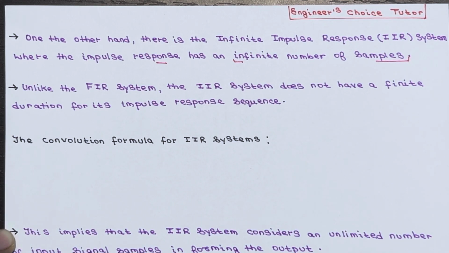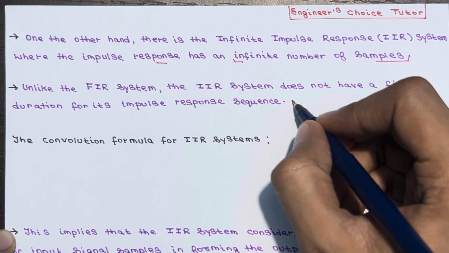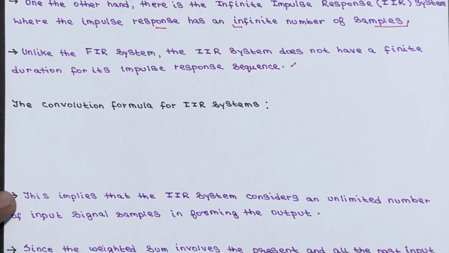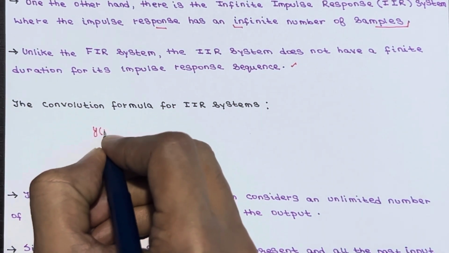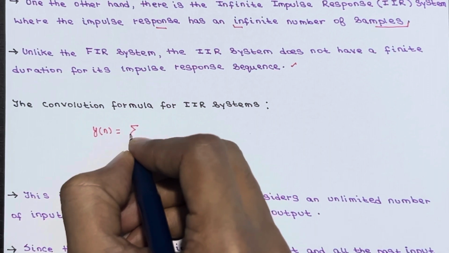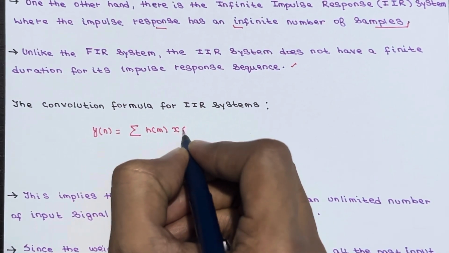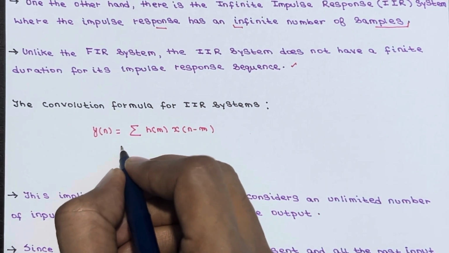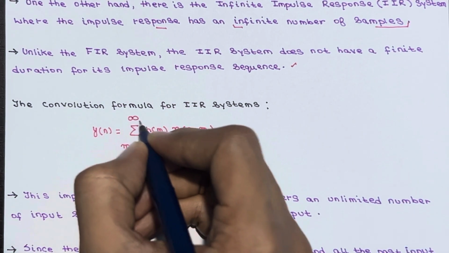Clear? Unlike the FIR system, the IIR system does not have a finite duration for its impulse response sequence. The convolution formula for an IIR system is y of n equal to the summation of h of m into x of n minus m, over the limit m ranges from 0 to infinity this time.